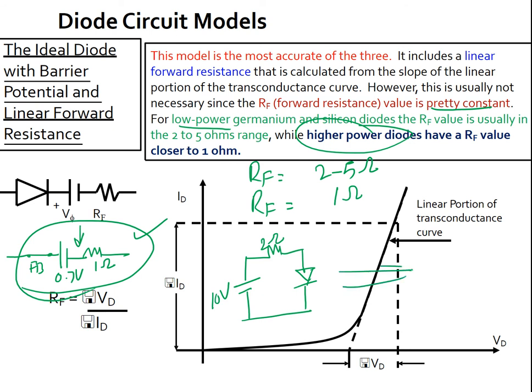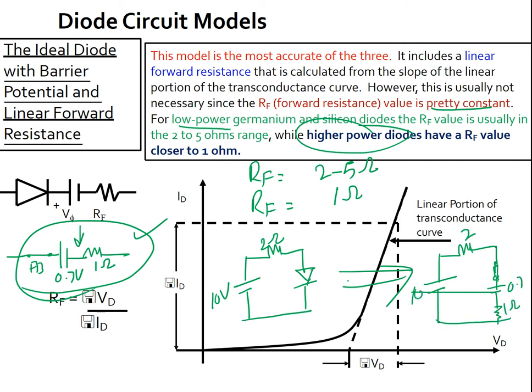Now how can we get the equivalent model? If I consider the third approximation, this is the diode, which will act as a short circuit. I'm just replacing the junction. Then we have the barrier potential here and a resistance of, let's say, 1 ohm for high power. This is 0.7 volt.